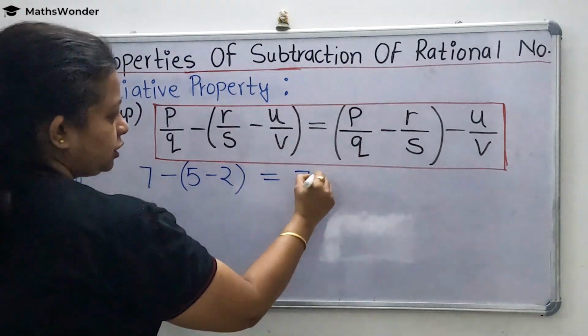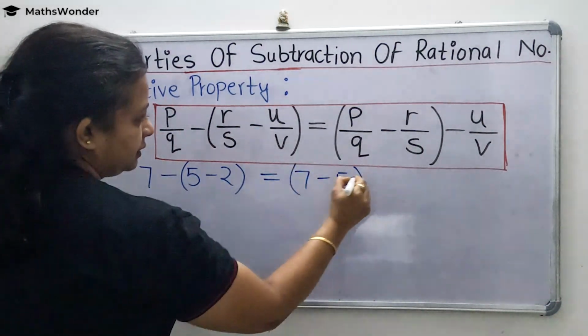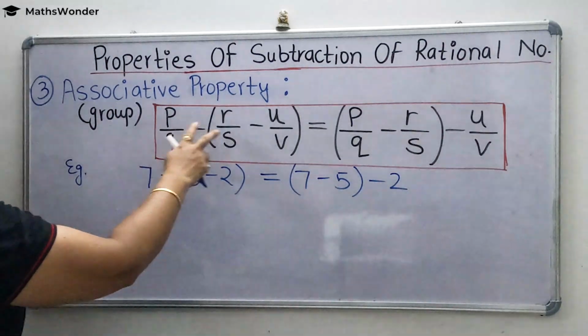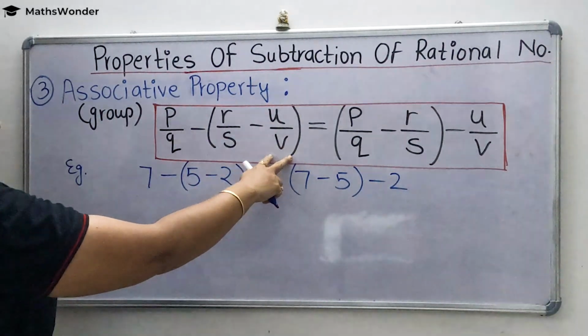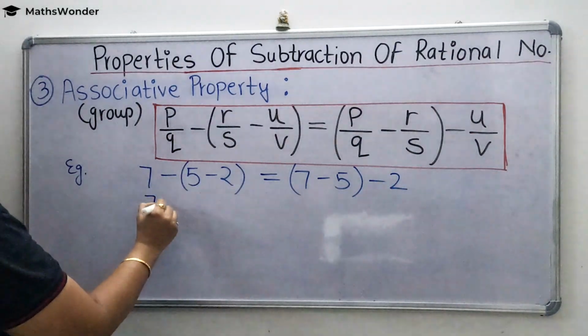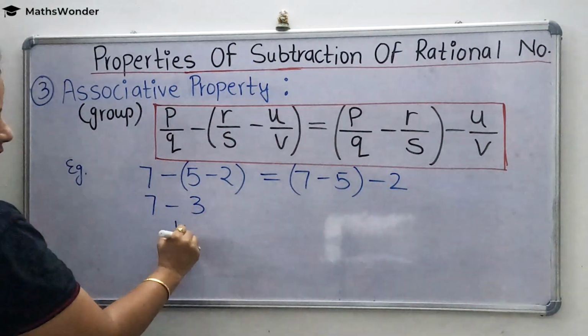Same, if you change the order, you can change the order in any way, okay? One way we can also make it is this: suppose P over Q, you can write U over V in one parenthesis and R over S is different. So you can make one more group. So this is 3, it will become 4.